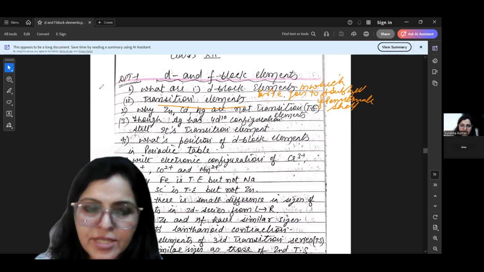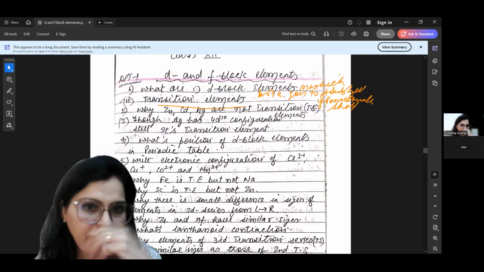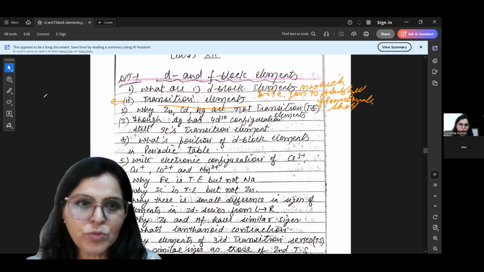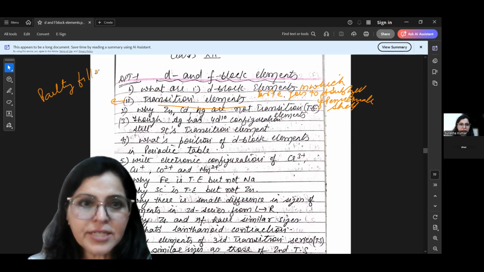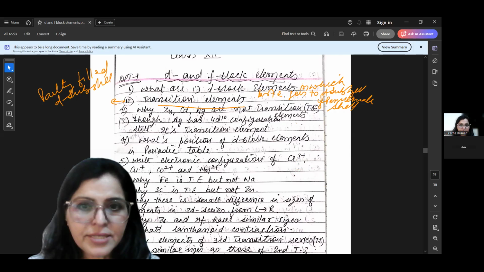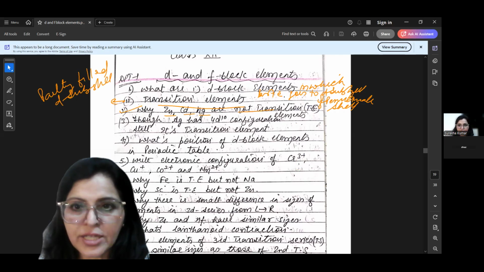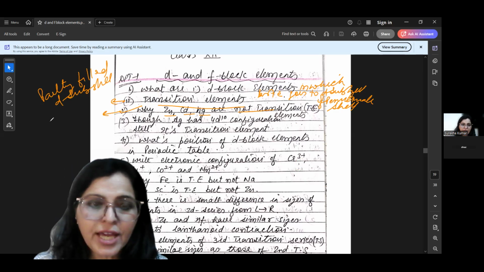The real answer is they should possess a partly filled d subshell. Next, why are zinc, cadmium, mercury not transition elements? Because they don't have a partly filled d subshell.